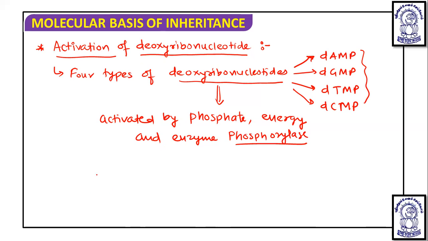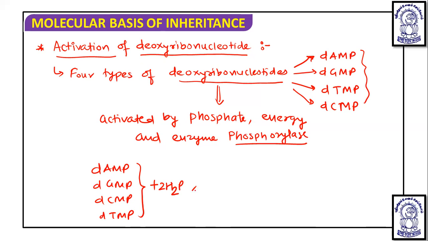So here, if we take DAMP, DGMP, DCMP, and DTMP, and we react all with two molecules of H3PO4, that is phosphoric acid, in the presence of enzyme phosphorylase and energy, it is going to form DATP.